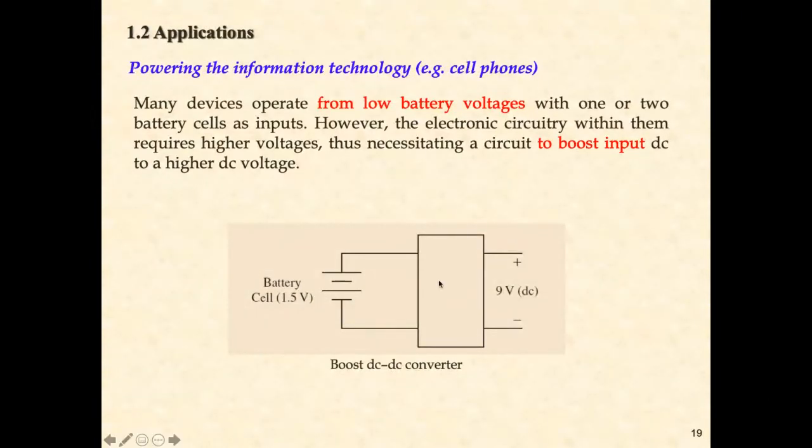But inside the cell phone, they still have different components requiring different levels of voltage. So this is one of the examples. If we have a component requiring 9 volt, we need to do the step up DC-DC conversion, stepping up the voltage.